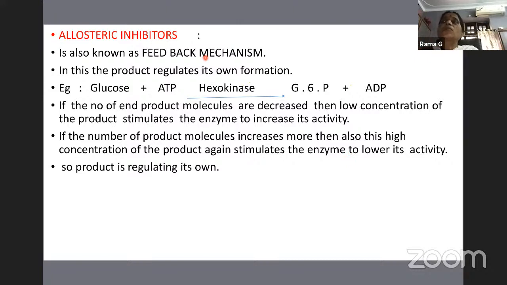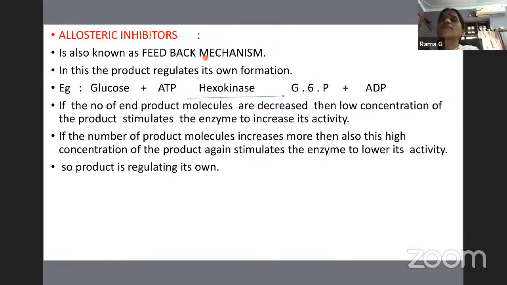So if they are produced less than the expectation, then with less concentration, they stimulate the enzyme. And if the molecules are produced more than the expected number, then also they influence the enzyme, to lower its activity and decrease the end products.